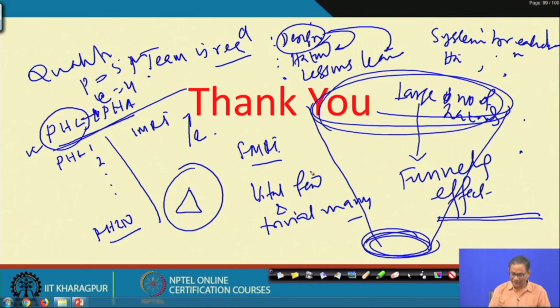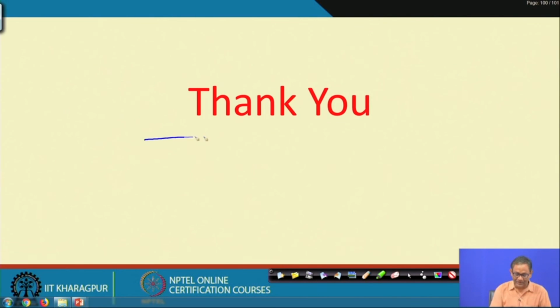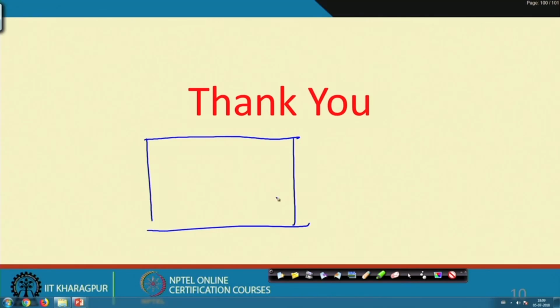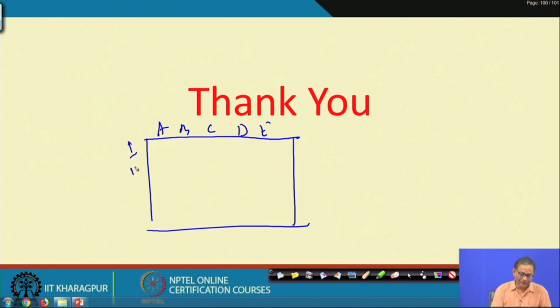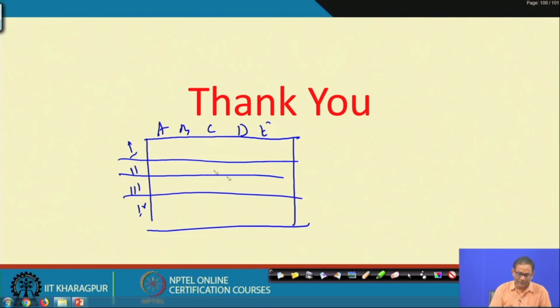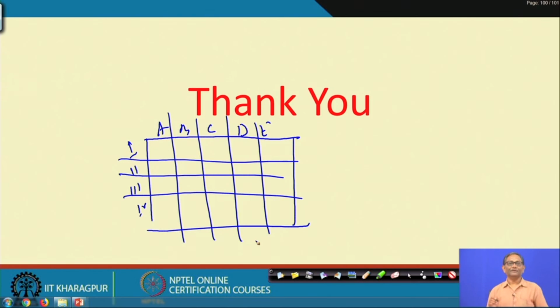So, you have A, B, C, D and E, then 1, 2, 3, 4. How many risk values? In your case there will be 20 risk values. This one is 1A and this one is 1E, similarly this one is 4D.